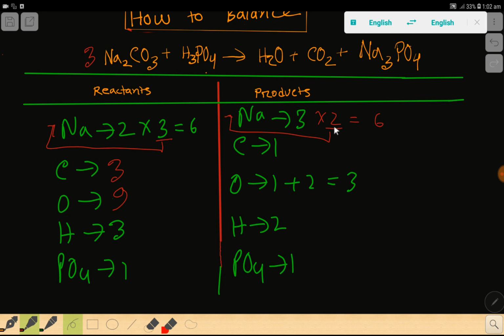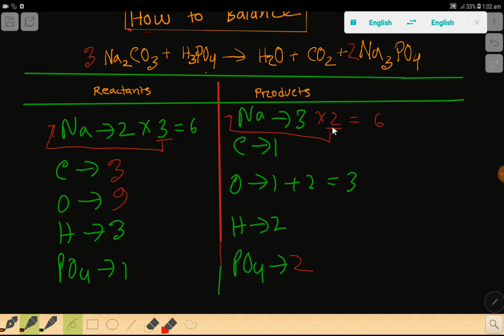If you multiply here by 2, this 2 must come before this sodium, and this sodium has come from here, so you have to place 2 here. If you place 2 here, the number of sodium will be 6, which you have already written. The number of phosphate will be 2, so you need to update your phosphate.